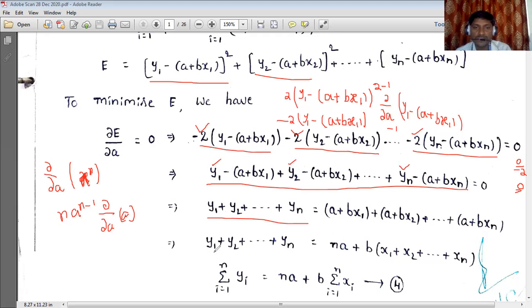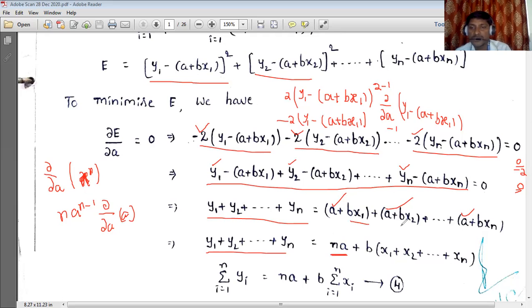We didn't change anything in that. Next, a plus a plus a and so on: a plus a is 2a, next 3a, 4a, 5a. It appears n times, so we write na.